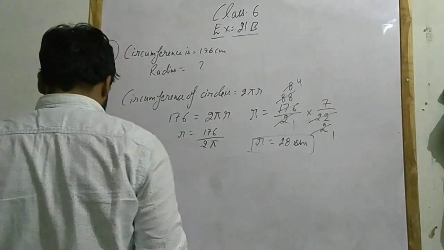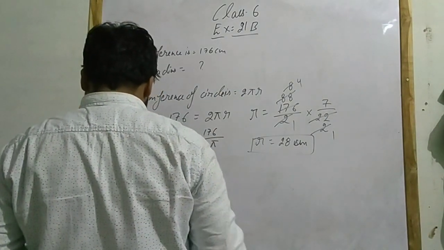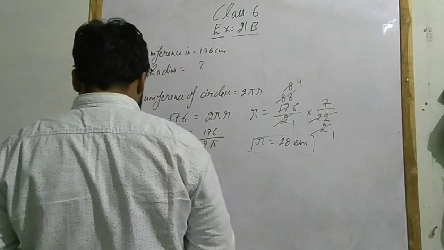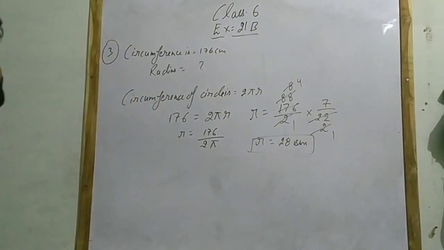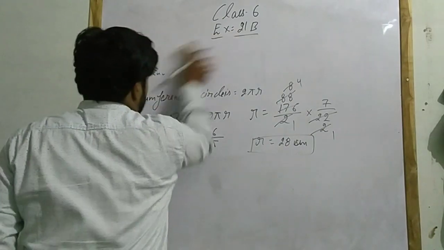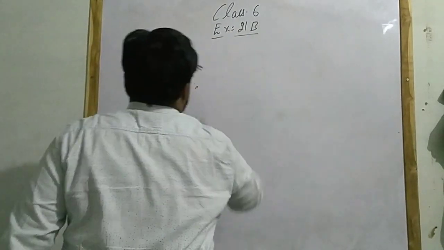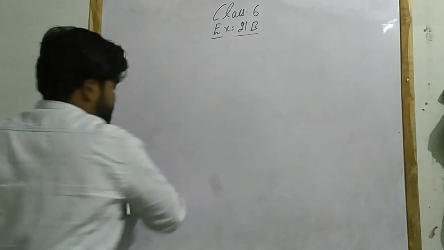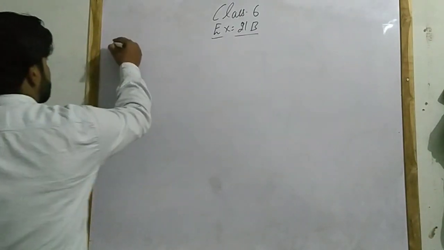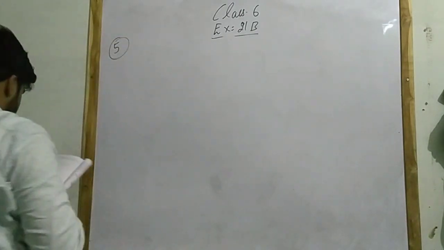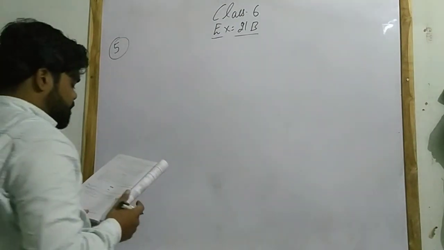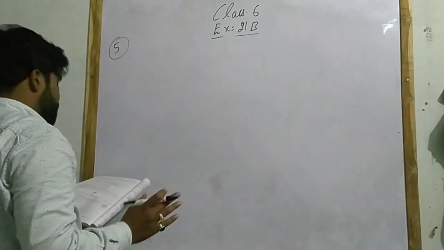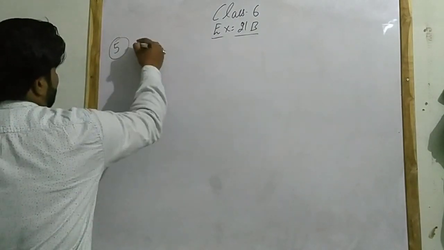Now question number 5 is: find the distance covered by the wheel of a car in 500 revolutions if the diameter of the wheel is 77 centimeter.